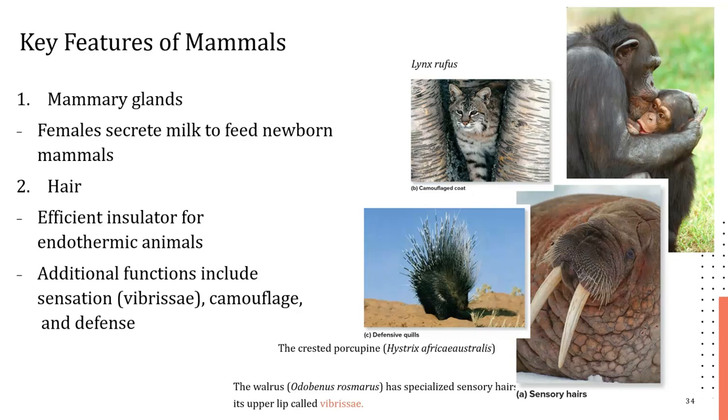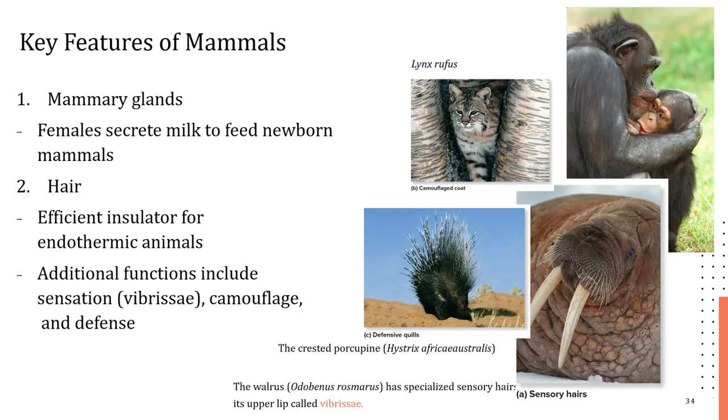So mammals are endothermic, which means they maintain their temperature internally, as opposed to ectothermic, which are organisms that rely on environmental control of their metabolic processes. So hair acts as an insulator for the heat that is produced at the cellular level and helps maintain animal body temperature. But there are some other reasons for hair as well.